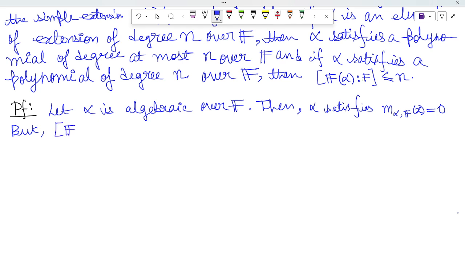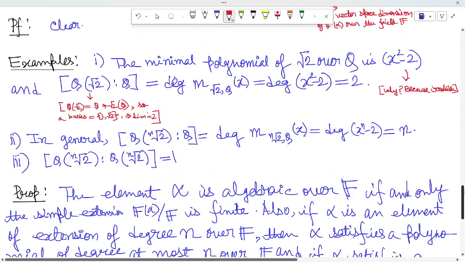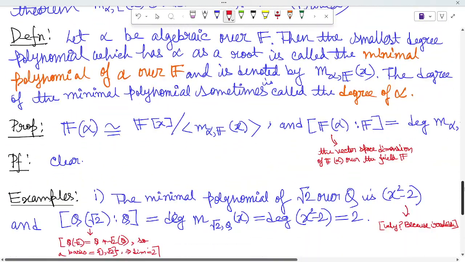What is this? This is the degree of this, as I have just told you by the previous theorem, the previous proposition.